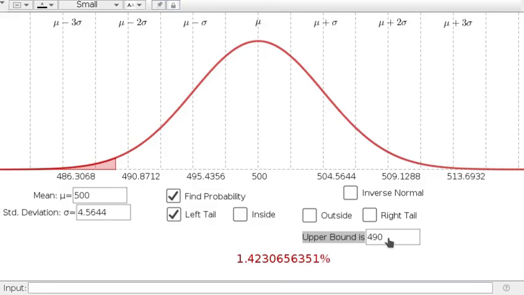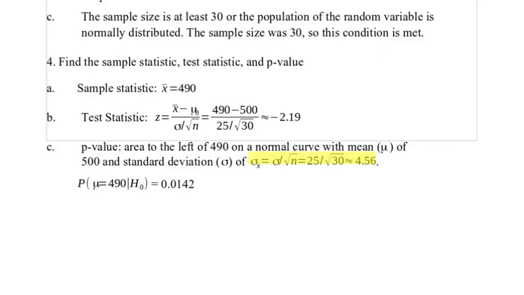And so we find a p-value of approximately 1.42%. So the p-value, given the null hypothesis, and remember that is important, we're assuming that the manufacturer is correct about the population standard deviation and the population mean.